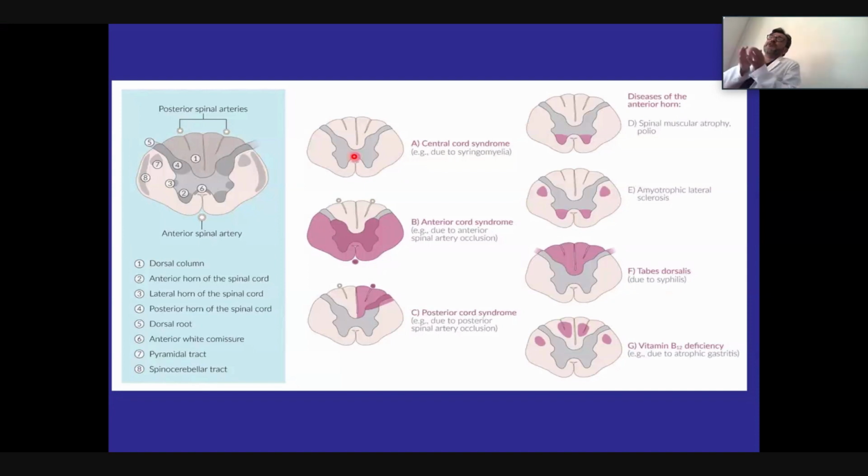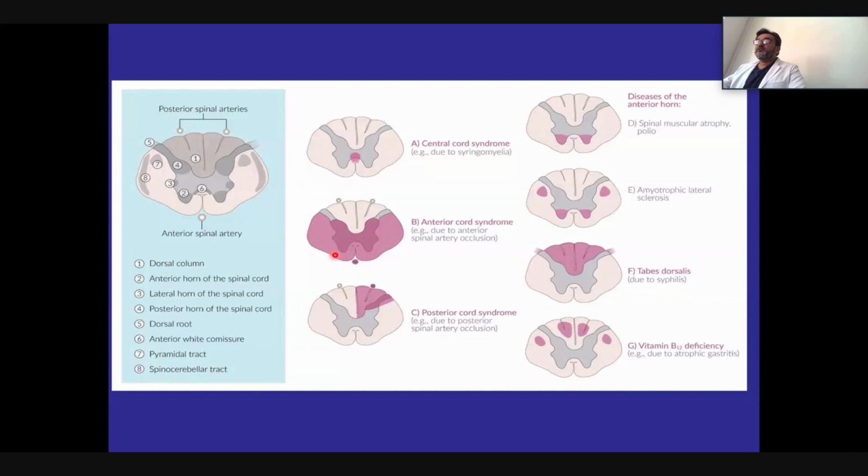So what you are seeing is pain and temperature loss in the upper limbs bilaterally, sparing the lower limb. And you have the medial portion of the corticospinal tract involved, so you would have an upper motor neuron type of lesion below the site of the injury, and it usually involves the upper limb, spares the lower limb. So this is the central cord syndrome.